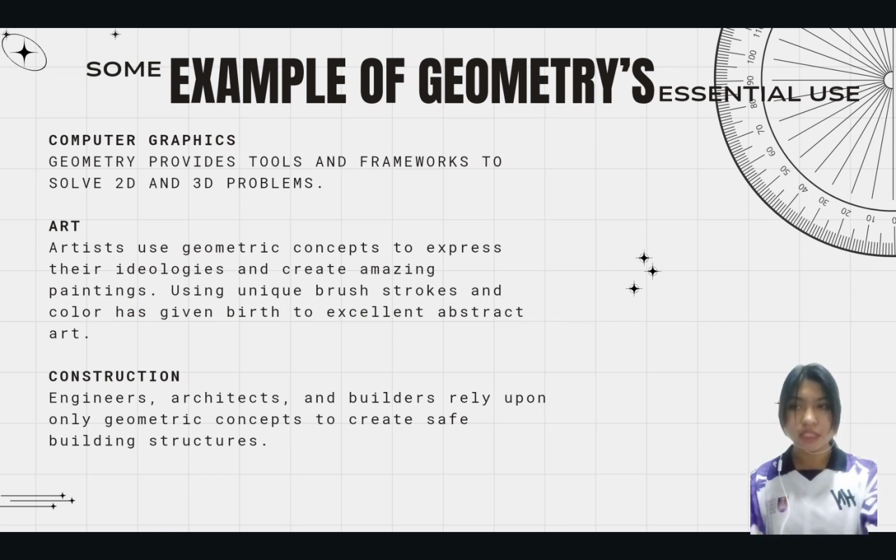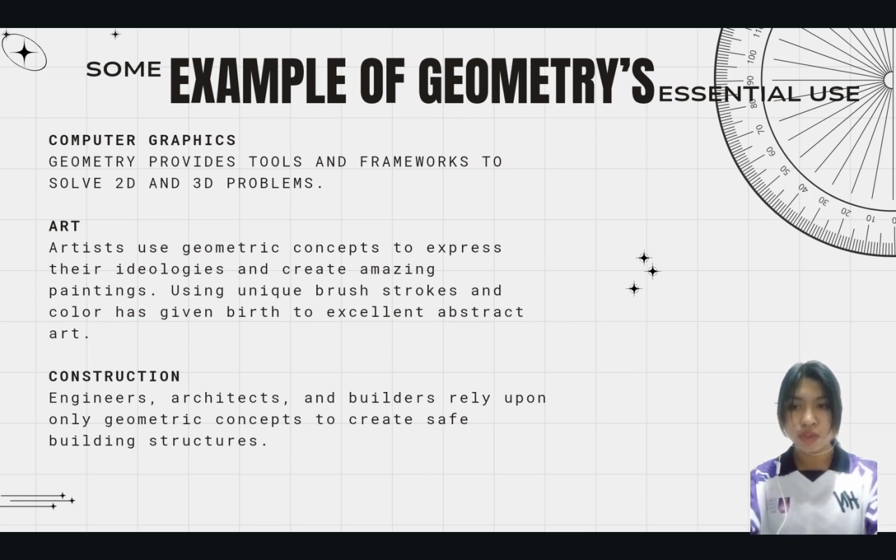Computer graphics. Computer graphics is the same as what I already explained in the previous slide, where geometry provides tools and frameworks to solve 2D and 3D problems. The next point is art. Artists use geometric concepts to express their ideologies and create amazing paintings.